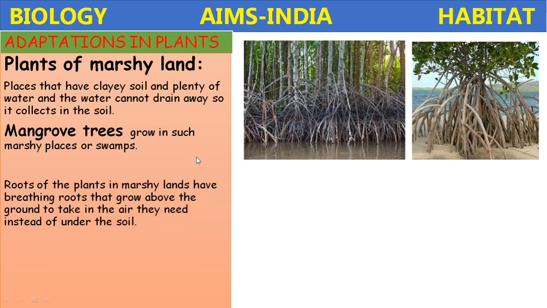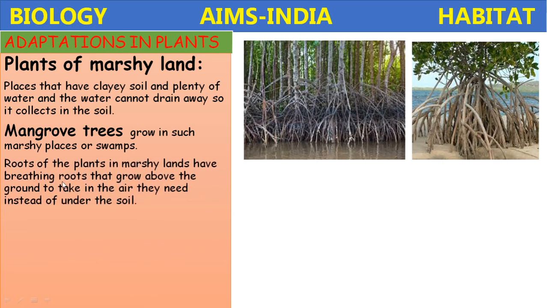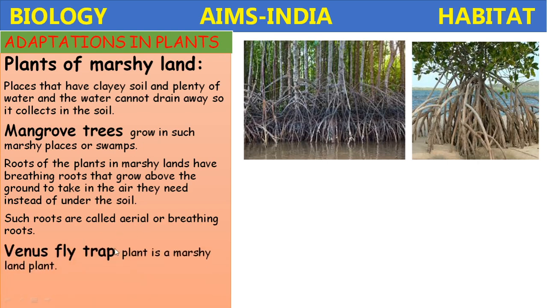Especially these plants show special roots. The roots of the plants in marshy lands are breathing roots that grow above the ground to take in the air they need instead of under the soil. Such roots are called aerial roots or breathing roots.